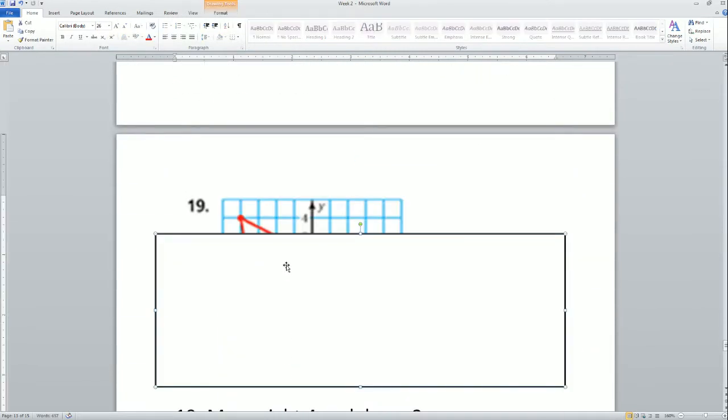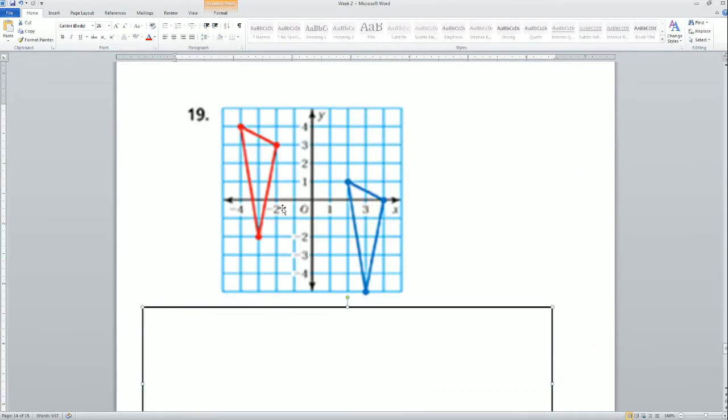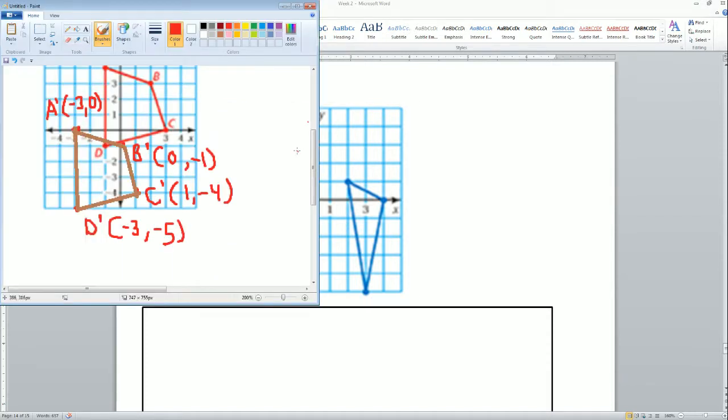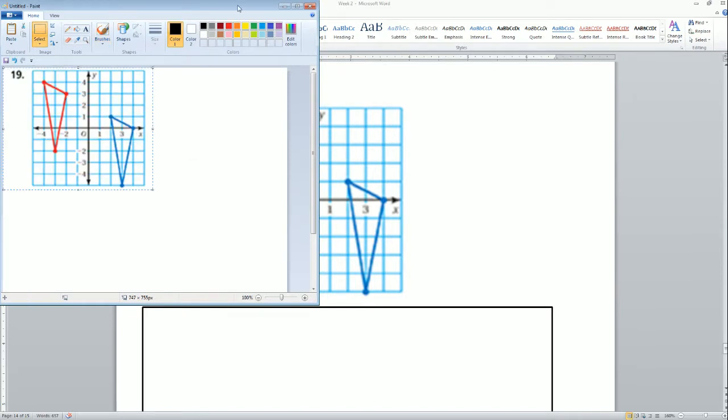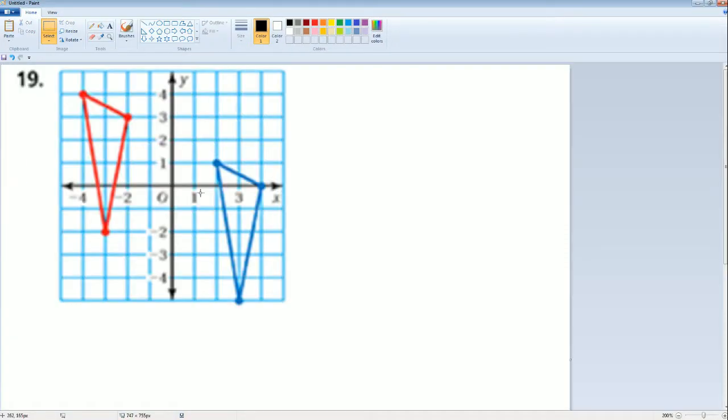Alright. Next we have this. So let's grab this image and work in Paint. Let's delete this. Right. So they're asking us to describe the rule. So something's happening. So let's do this.